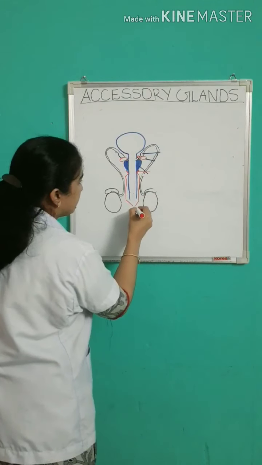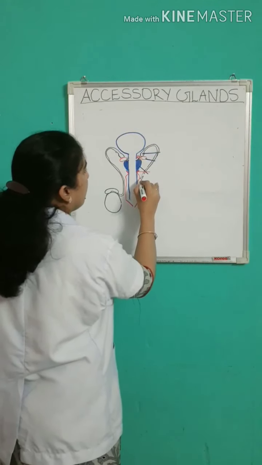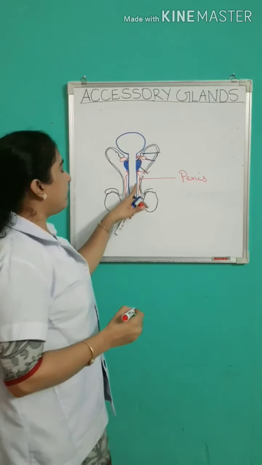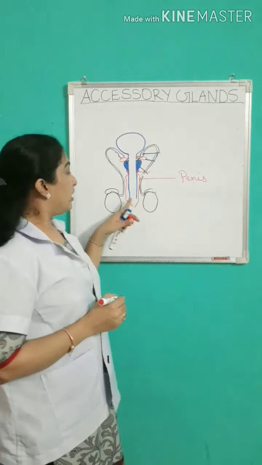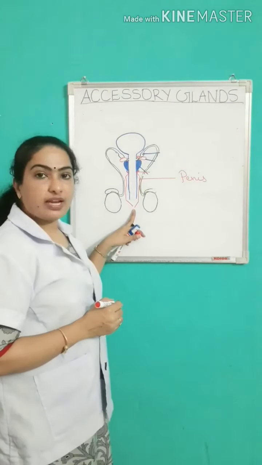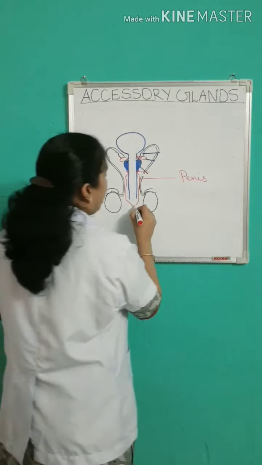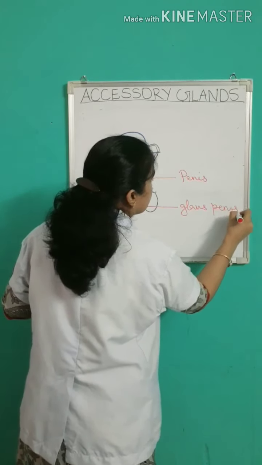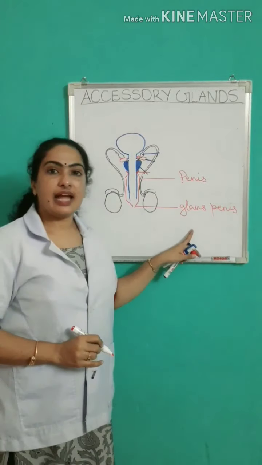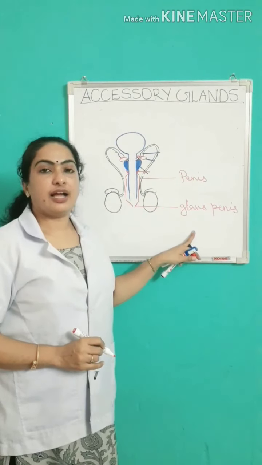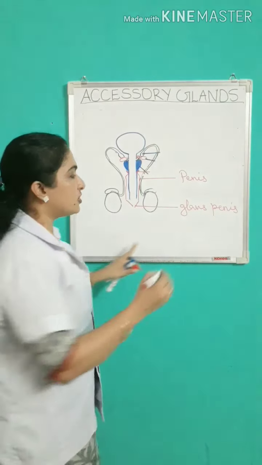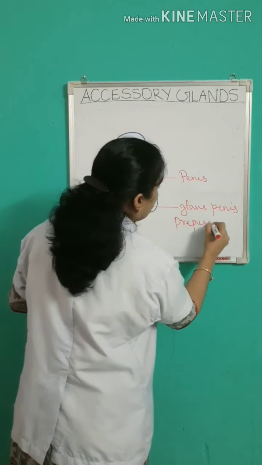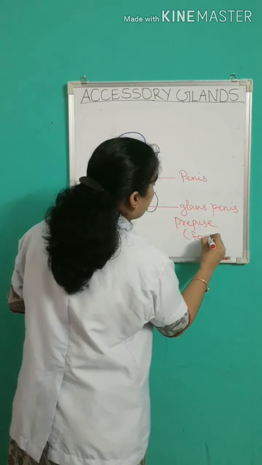It is a cylindrical muscular organ which is known as penis. And this penis has a swollen end which is known as glans penis. The glans penis consists of a loose skin which is known as prepuce, or foreskin.